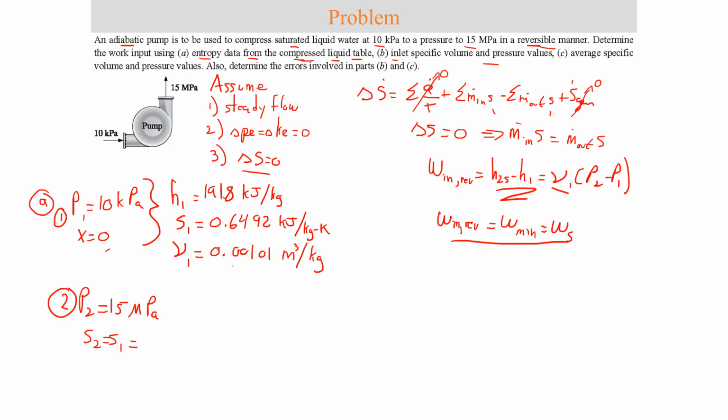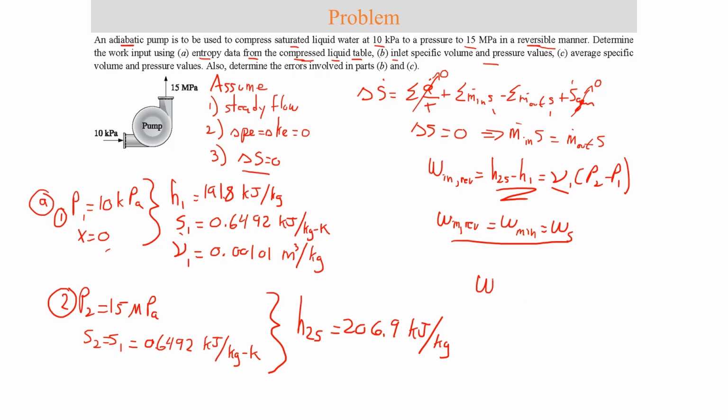If we use entropy as a second property, we know that it's 0.6492 kilojoules per kilogram Kelvin. And we can use that to find the enthalpy coming out of the pump if the process were isentropic, 206.9 kilojoules per kilogram.